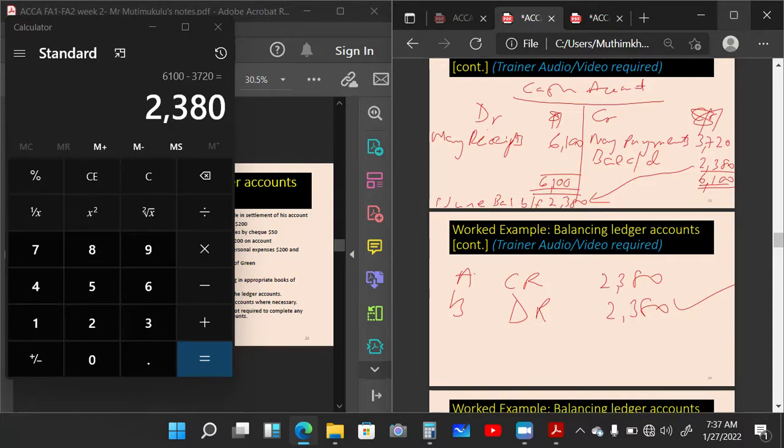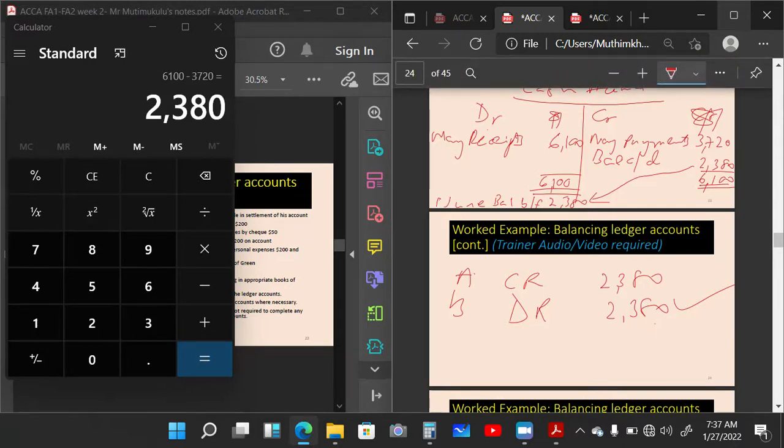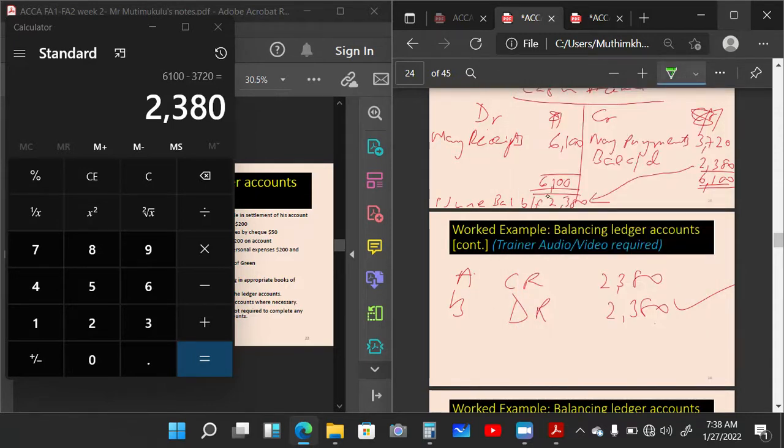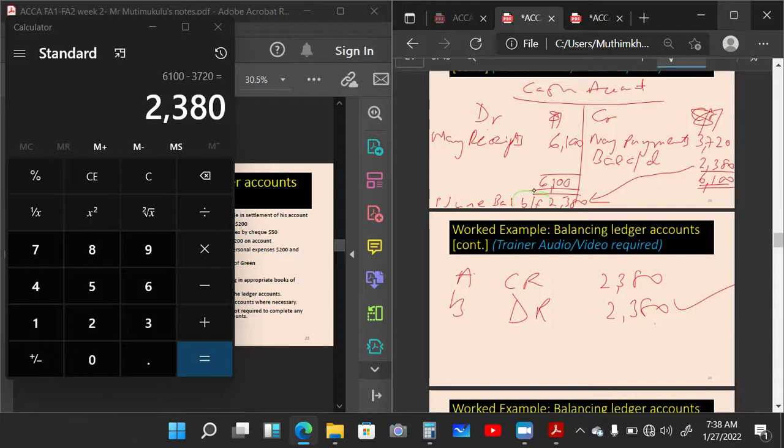I'm sure you are not lost here. The balance for this cash account is reported by the b/f. That's what I'm trying to say. The side where this b/f is explains the nature of the balance.